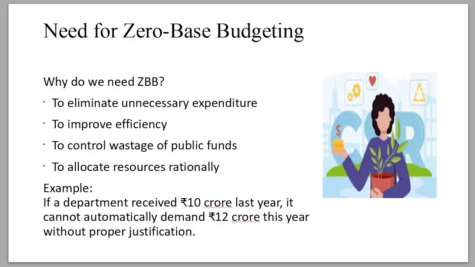Maybe technology has changed. Maybe people no longer need it. But under traditional budgeting, money keeps flowing to that scheme. That is wastage. Zero based budgeting says stop, re-evaluate, justify. If it is useful, continue. If it is not, remove it. Very powerful concept, right?